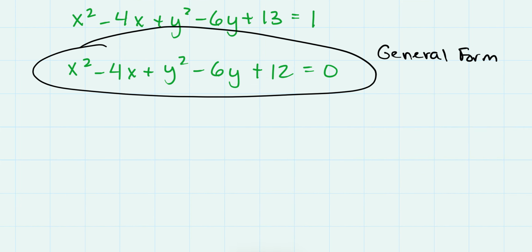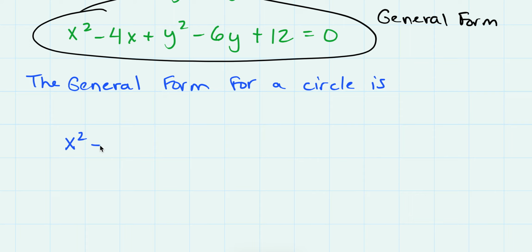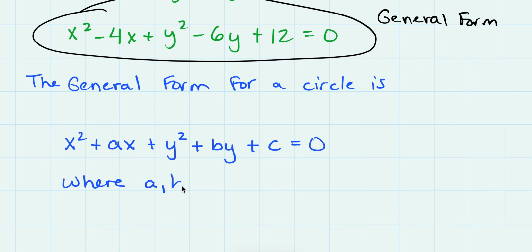The general form for a circle is x^2 + ax + y^2 + by + c = 0, where a, b, and c are real numbers.